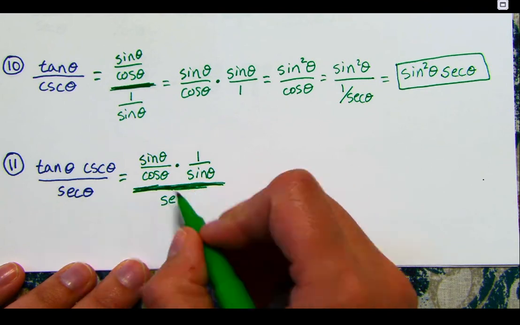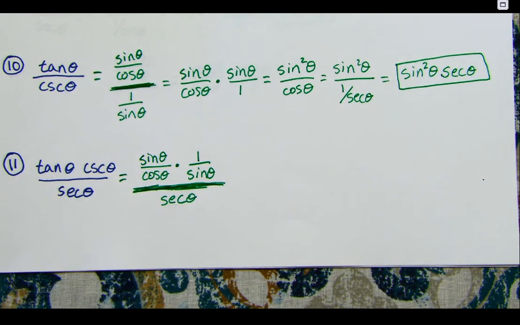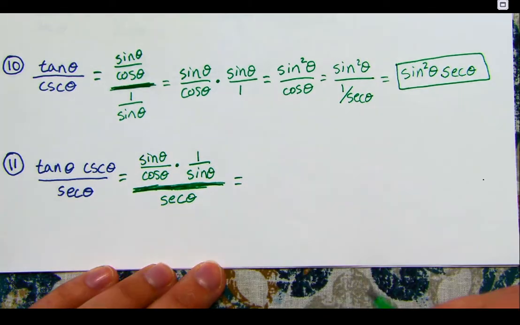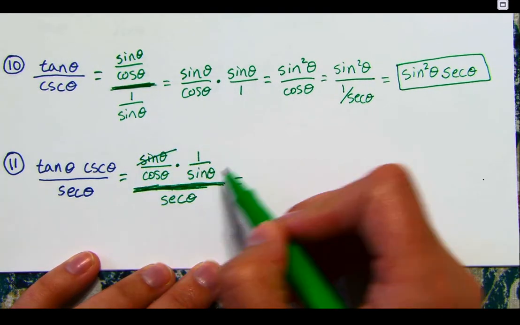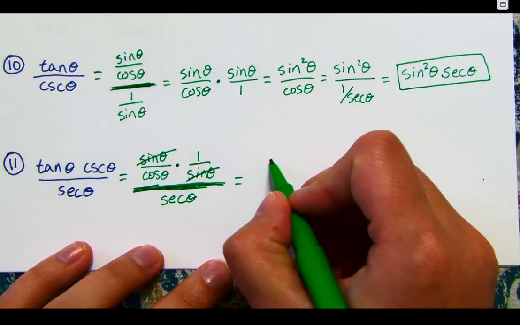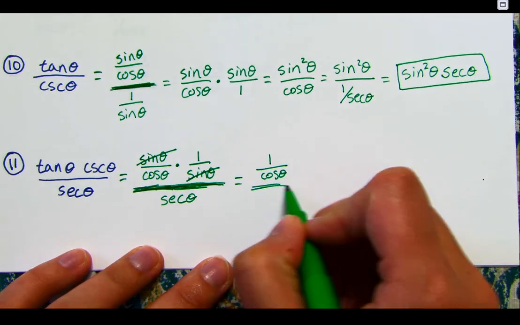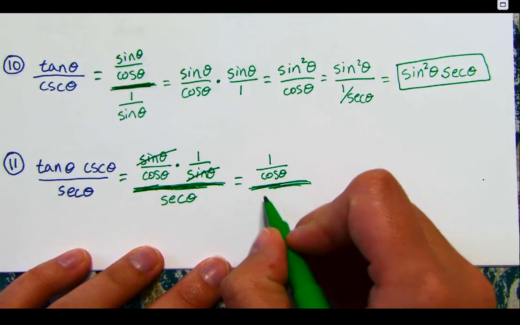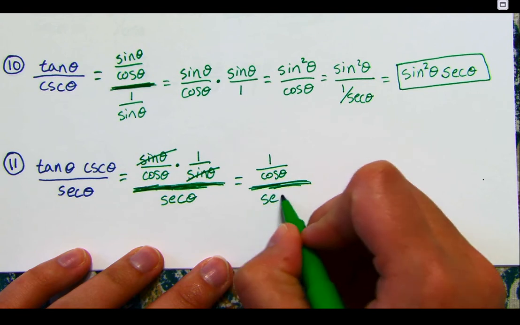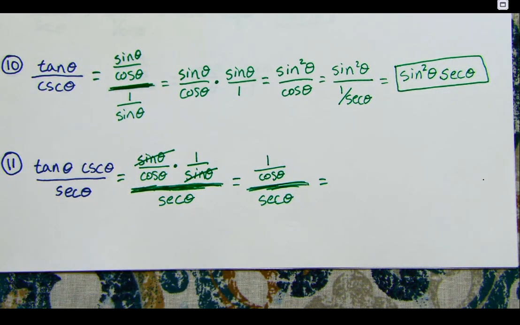Now, if we want, we could also change it to be its reciprocal right away, so that part doesn't really matter. Okay. Now, in the numerator, I can cross-reduce my sines. So then this will become 1 over cosine theta, and then this would be secant theta. Okay. Now, thinking ahead, there's a couple different ways I can go.